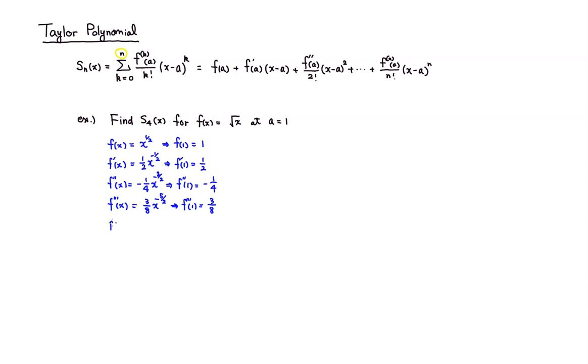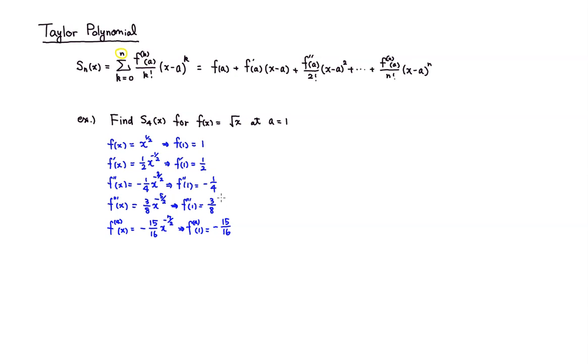Then the last one, we need the fourth derivative of f. This is going to be negative, 3 times 5 is 15, 8 times 2 is 16, x to the negative 7/2. If you evaluate the fourth derivative of f at 1, it is going to be negative 15/16.